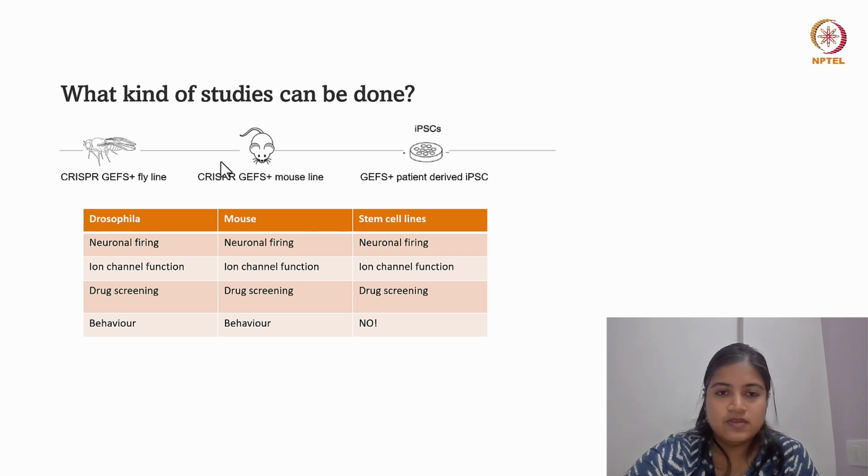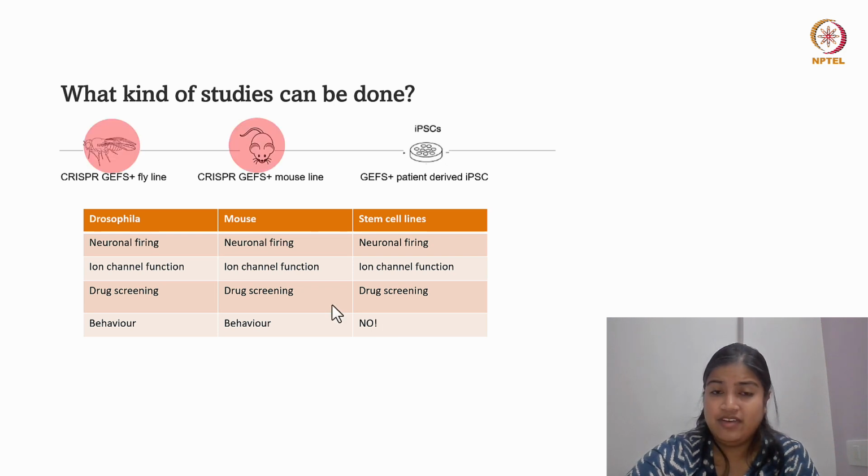If we look at a mouse model, we can pretty much do all the things that I just said. If we look at the stem cells, we can look at the neuronal firing, we can study the ion channel function, we can even do drug screening, but of course we cannot look at behavior.